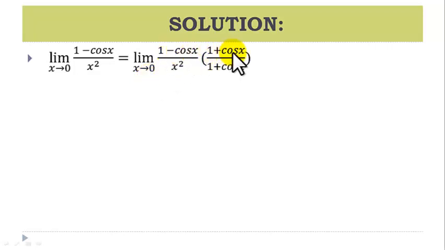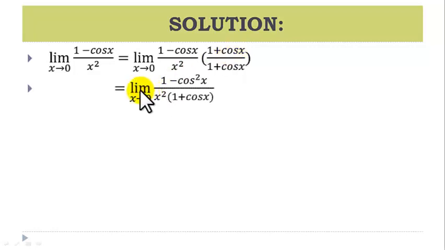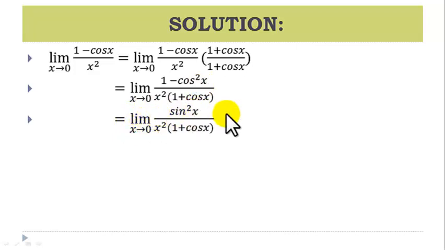Multiplying out the numerator, we have the limit of (1 minus cos squared x) all over x squared into (1 plus cos x) as x tends to 0. But recall that 1 minus cos squared x is sin squared x. So this will give us the limit of sin squared x all over x squared into (1 plus cos x) as x tends to 0.